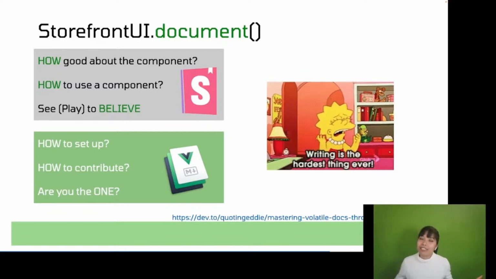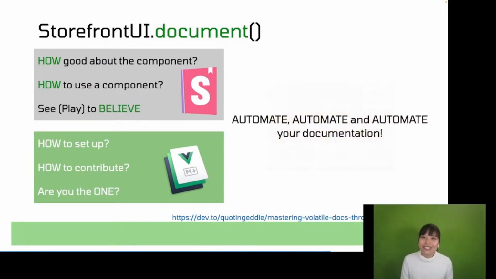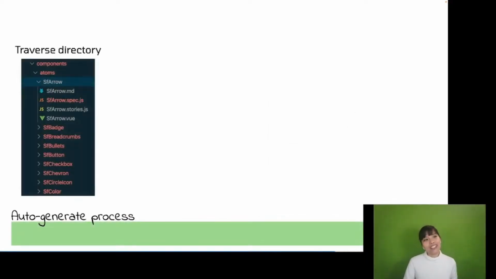And lastly, I know this is just an infrastructure tool, but the main thing is the content. Writing is hard, so for that, we automate. We don't want to keep repeating ourselves in every place in the documentation.